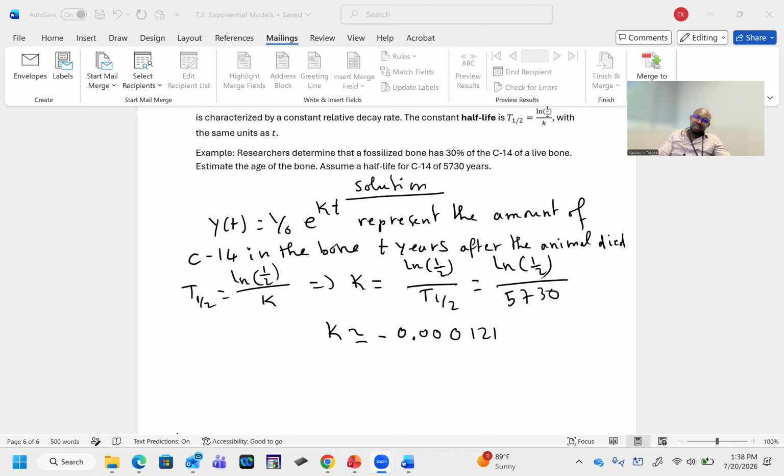So of course, that means y of t is equal to what? 30% of y0. You know, 30% is what? 0.3 of y0, right?